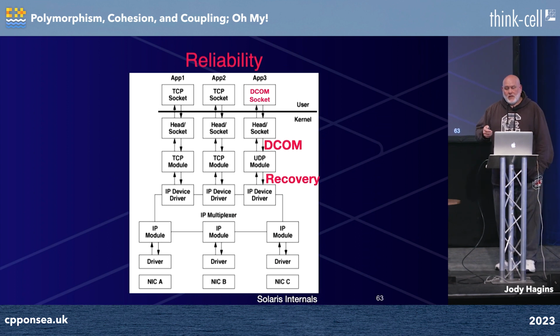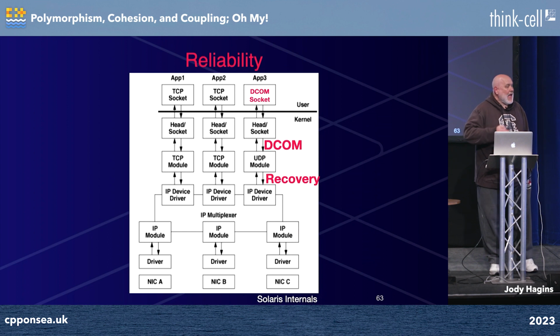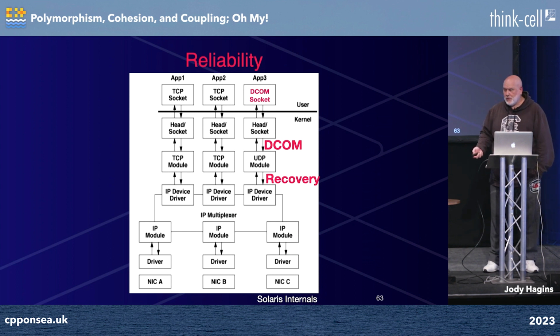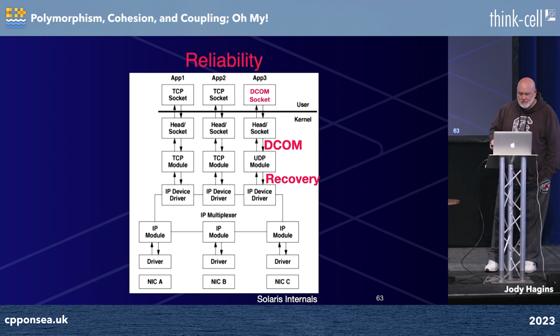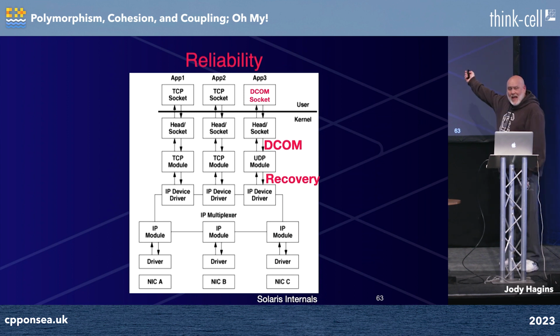Remember, our goal is we want to add recovery and we don't want to change any code. It's a new feature. Add a new feature, change no code. That's kind of the mantra. So we could add recovery down here, and if we added recovery as a separate module, we don't have to touch DCOM.